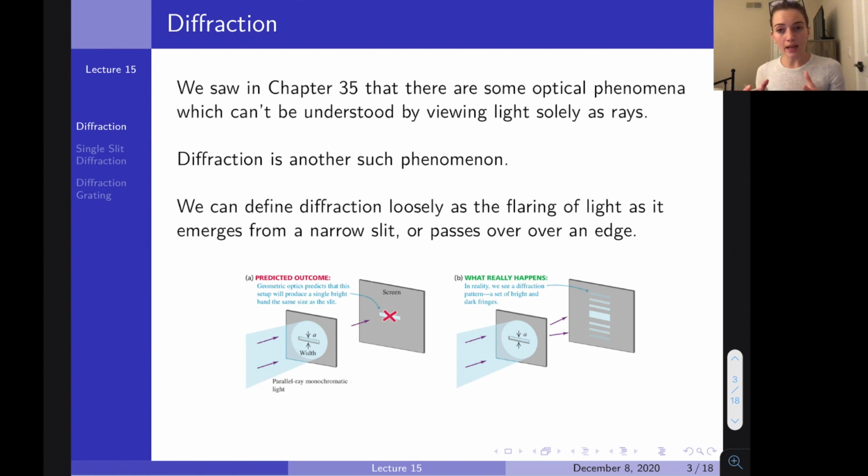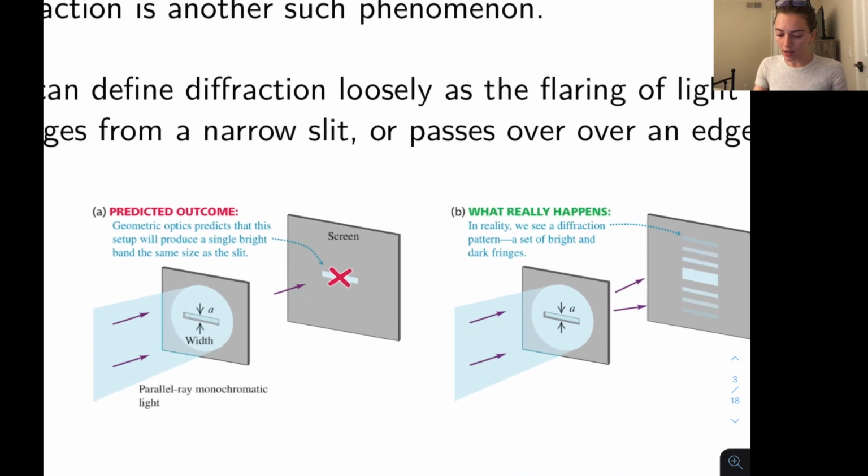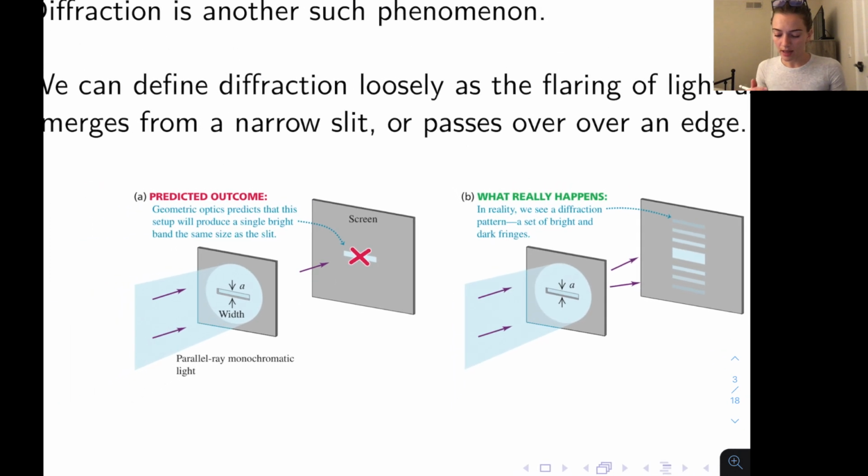But basically, with light, you can look at this experiment. If you look at light purely as rays or even just as particles, if you have a little slit here and you shine light through it, you would expect that the light ray just comes out here and goes directly to that bright spot. But that's obviously not what happens.